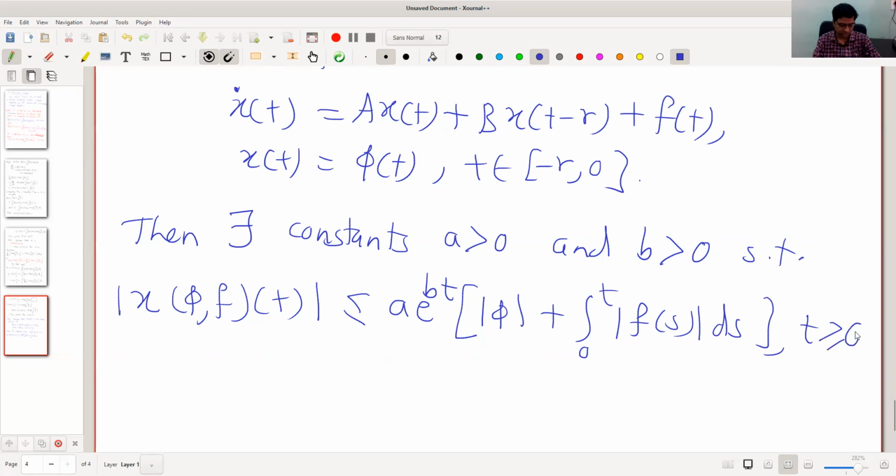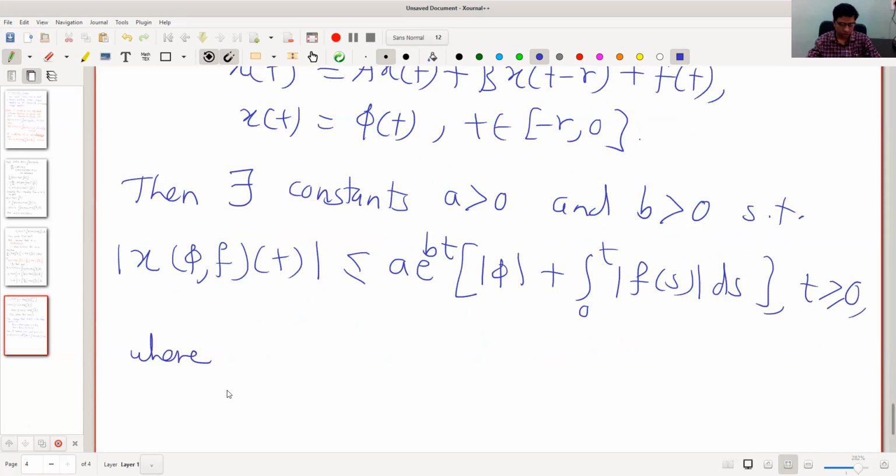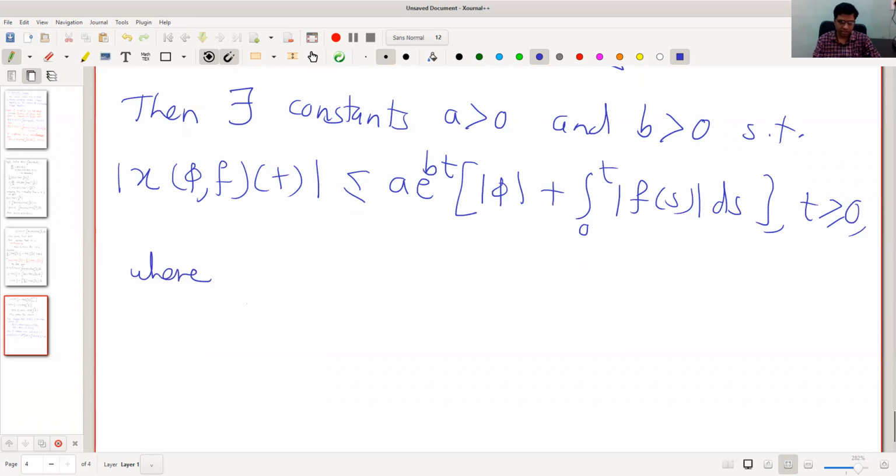Here t greater equal 0, where norm phi is nothing but the supremum of mod of phi of theta, theta belongs to the closed interval minus r to 0. This is norm phi.